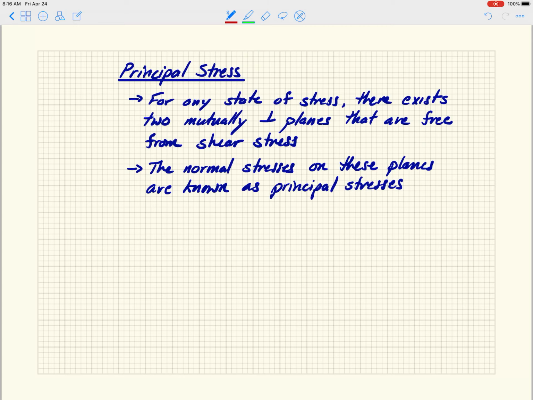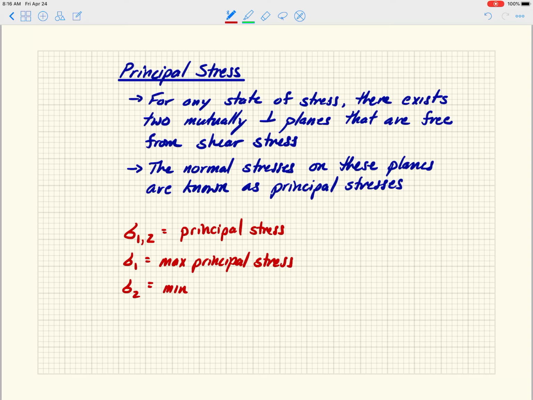Let me go through a few definitions. Sigma 1, 2 are known as principal stresses. That is the nomenclature, where sigma 1 is the maximum principal stress, and sigma 2 is the minimum principal stress.